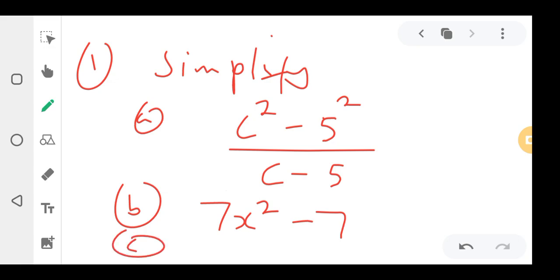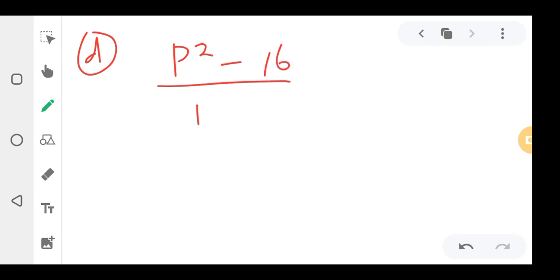Question C, it is 9y squared minus 9. That is C, and then D is p squared minus 16 over p plus 4.